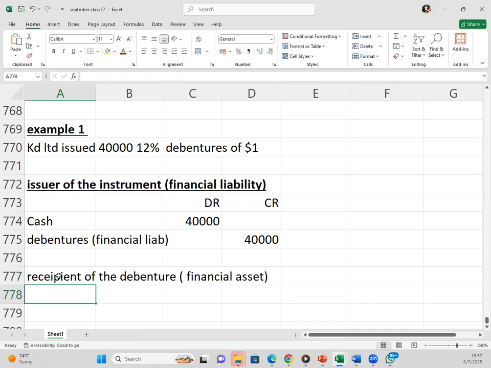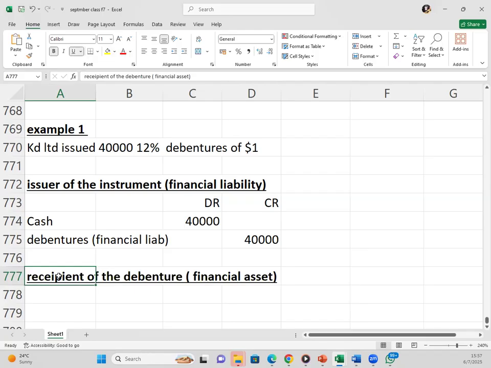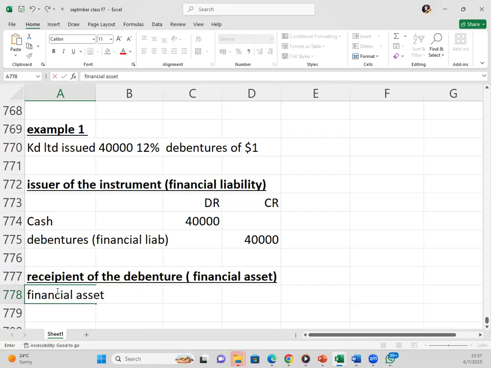If you are the one that received the debentures, you debit that as a financial asset. Maybe the correct name for the financial asset is an investment. So you record that under investments.